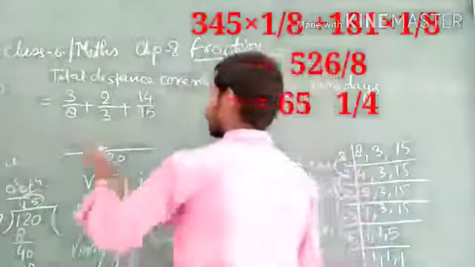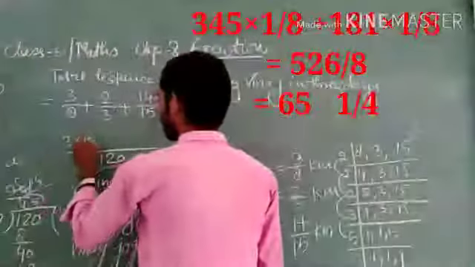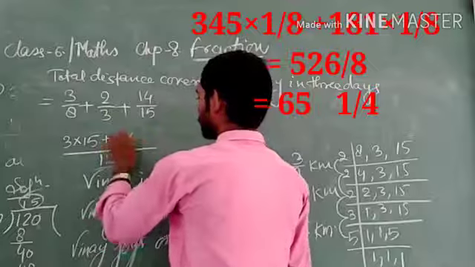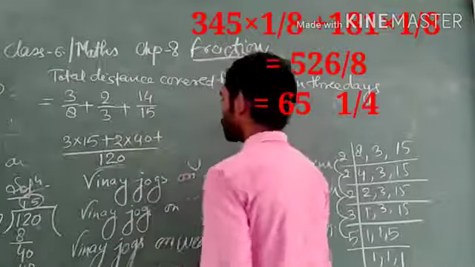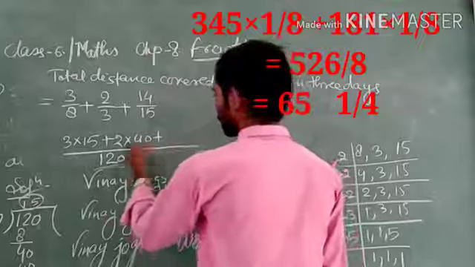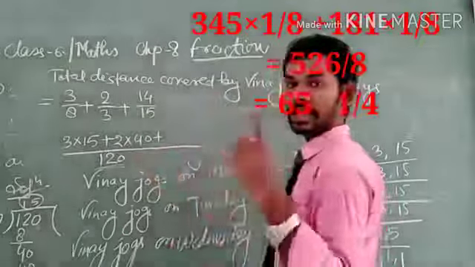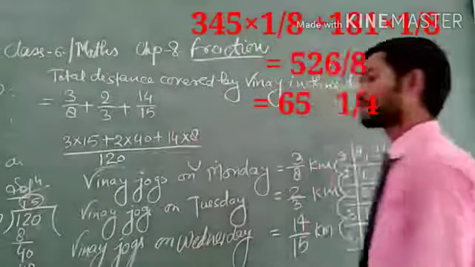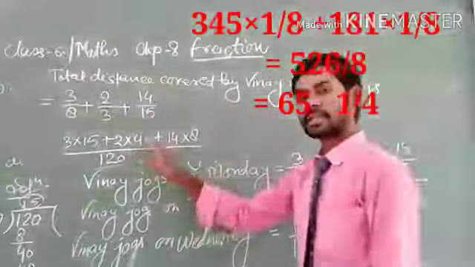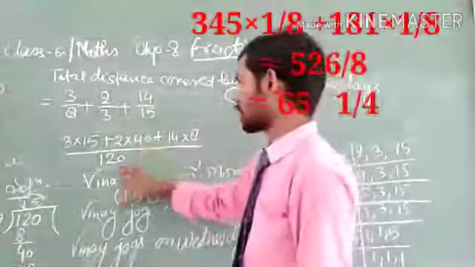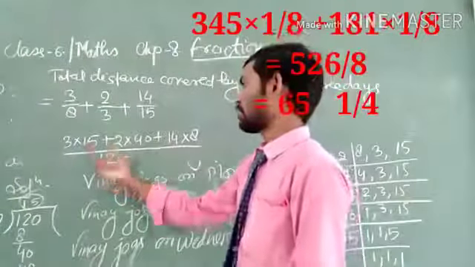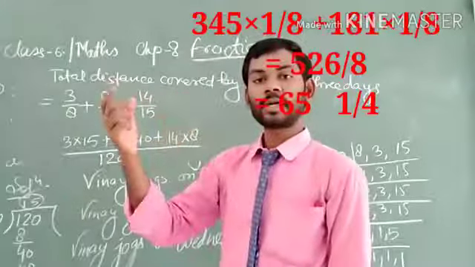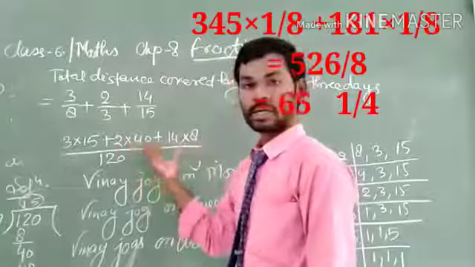So here we write 3 multiplied by 15, plus, when we divide 120 by 3 we get 40, so we write 2 multiplied by 40, plus, when we divide 120 by 15 we get the quotient 8, so 14 will multiply by 8. I hope this step is clear to everyone. Just divide the LCM by each denominator one by one and multiply the quotient with the numerator one by one.